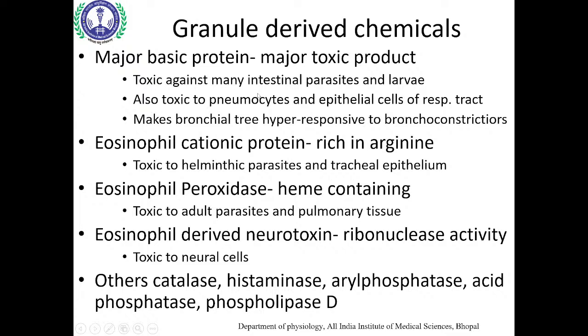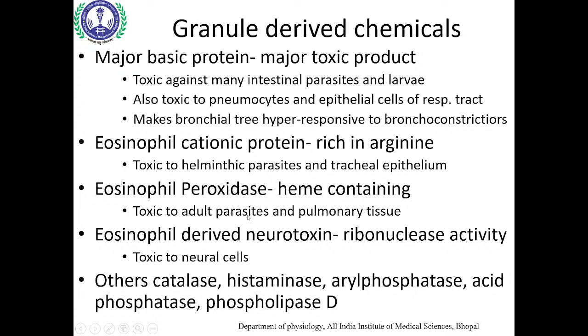Then they are toxic against many intestinal parasites and specifically larvae, right? Then we have other proteins. इनके contents please लिख के याद कर लेना. When we will be asking, you should be able to tell us the contents of the granules. ठीक है, तो इसको लिख लेना आप. Eosinophil cationic protein, which is rich in arginine, and they are toxic against the helminthic parasites and tracheal epithelium as well.